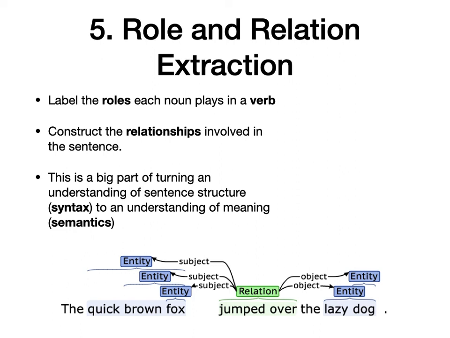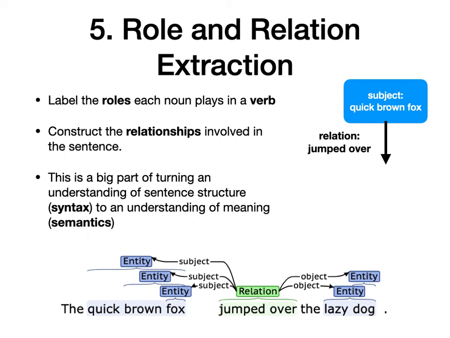So this is a huge part of turning sentence structure, the syntax, into more meaning, right? A meaningful thing, a relational element. So the quick brown fox jumped over the lazy dog. The subject, the quick brown fox, jumped over the object, the lazy dog. That's knowledge.